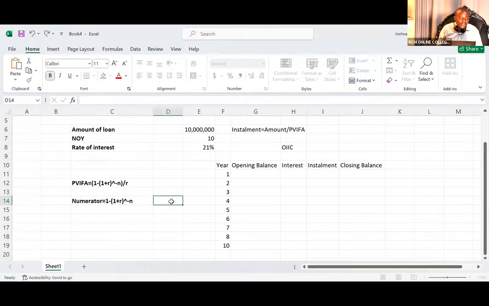Let's first of all calculate this numerator ourselves. Leave the denominator first. So ladies and gentlemen, this one here, I'll have to type 1. And then I say minus. I say open brackets. Then I say 1 plus the R. Where is the R?